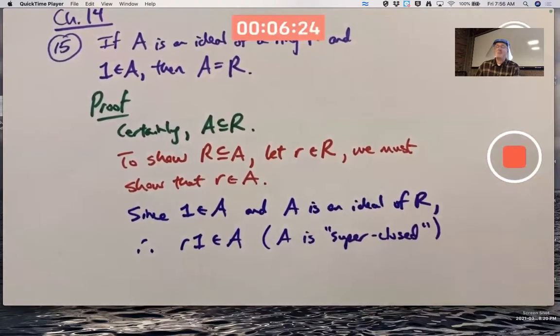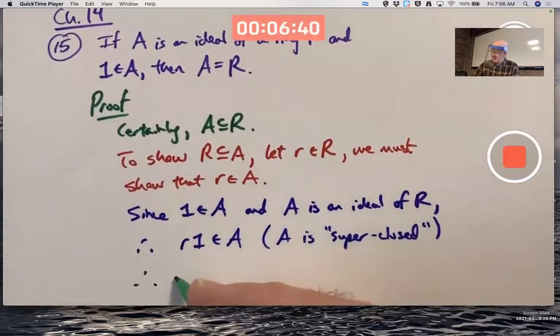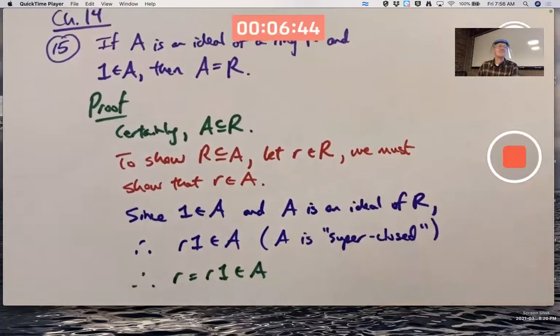You multiply an element of the ideal times any element in the ring, and it's also an element of the ideal. That's super important. That's the defining feature of ideals. But hey, R times 1 equals R. Done.